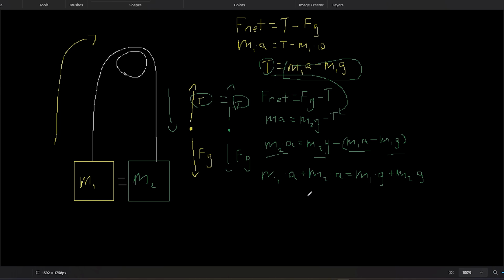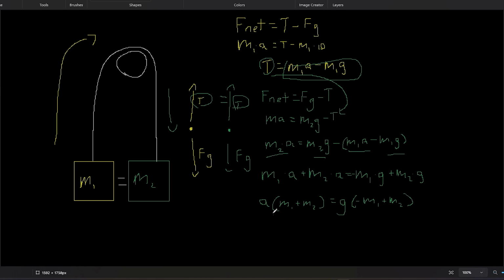And for each of these we can just pull out a variable. For this first one, we can pull out A times M1 plus M2. And for the second one, we can pull out G times negative M1 plus M2.